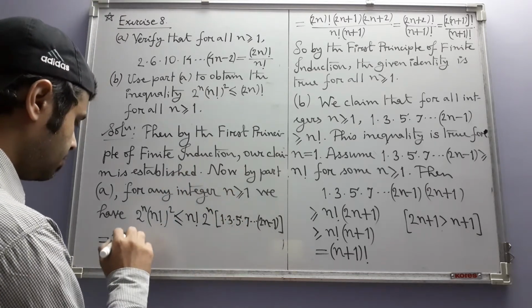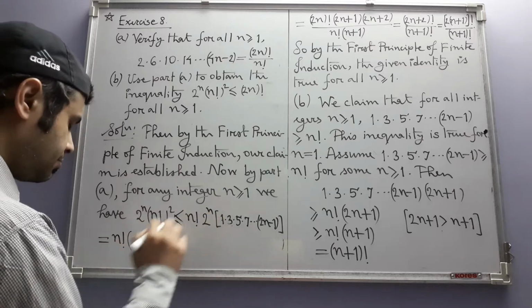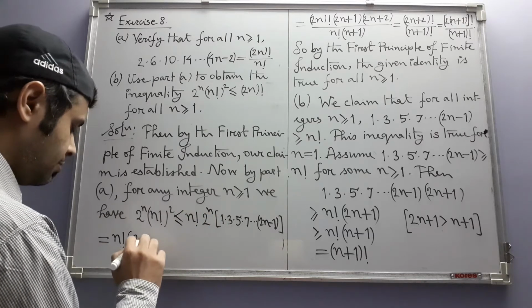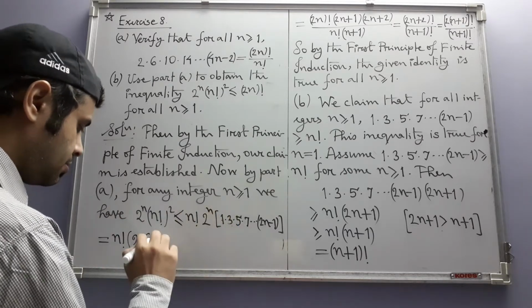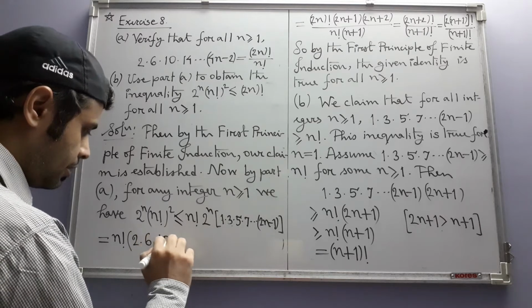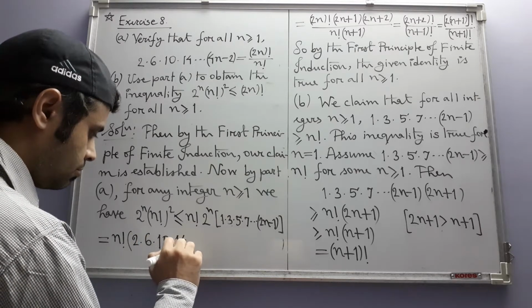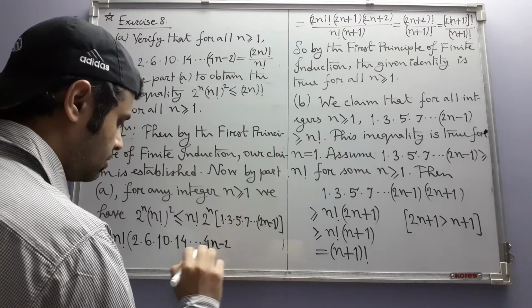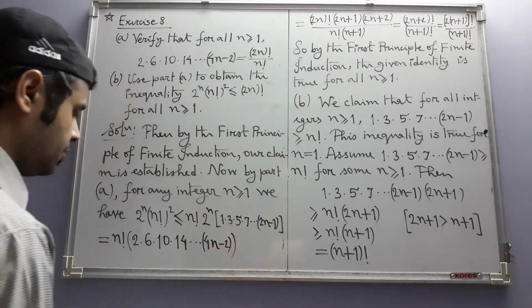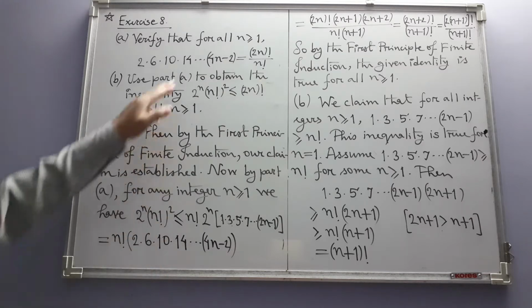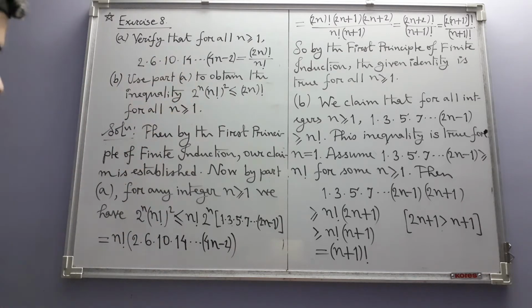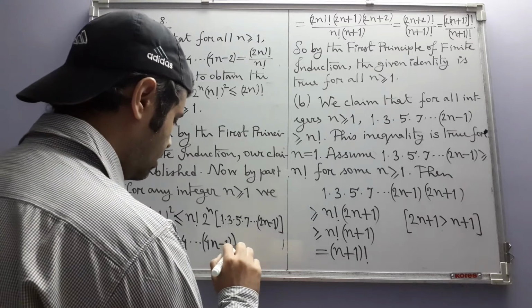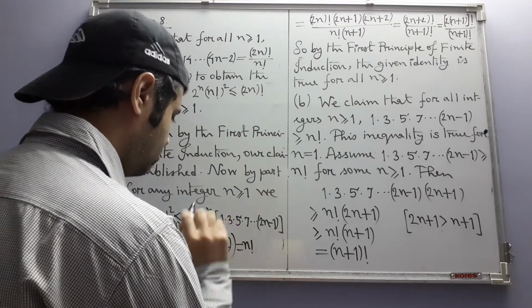If you do so, you will have 2 times 6 times 10 times 14, etc. up to 4n minus 2, and this is where we can use part A. Using that, we get n factorial.